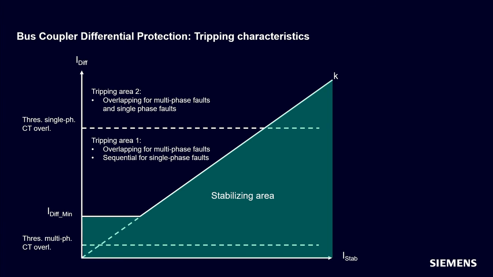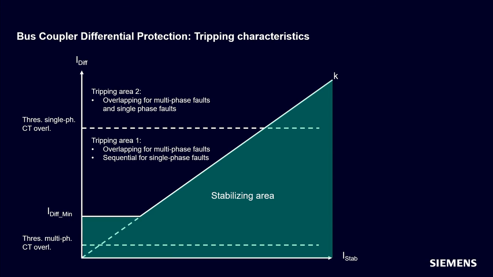As mentioned on the slide before, you can set two thresholds at which the algorithm changes to overlapping mode, one for single pole faults, one for multi-pole faults. If the threshold value parameter is set lower than the minimum differential current threshold, this results in the corresponding fault type always being cleared quickly and on an unselective basis in overlapping mode.